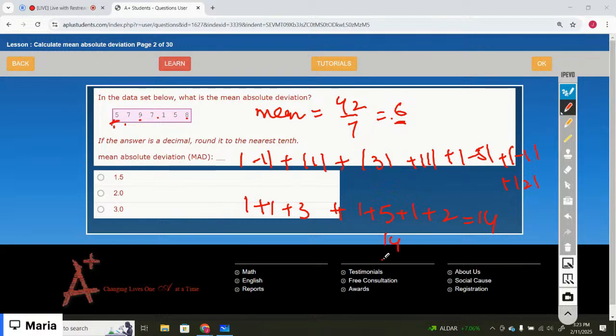So that is 14 divided by 6. So 14 divided by 6 equals 2.3. You need to round it to 10. So it would be rounded up to 2.0.